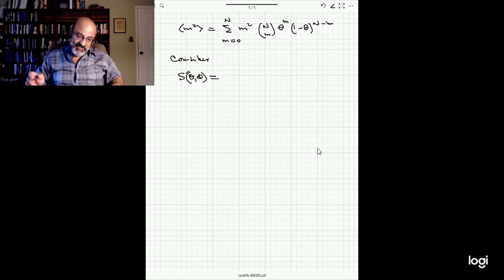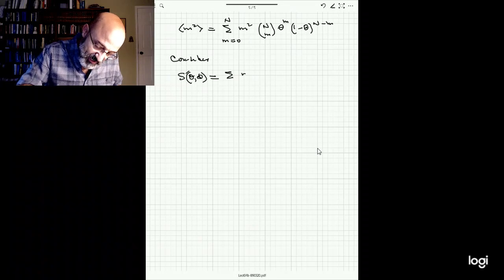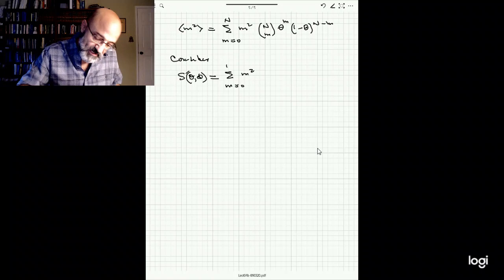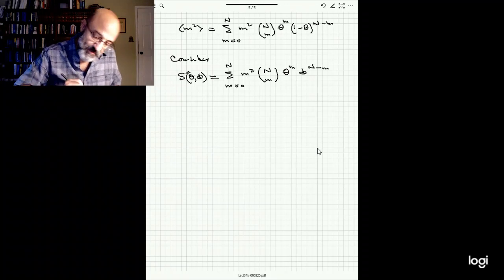S prime is the sum over all m of m squared (n choose m) theta^m phi^(n minus m).